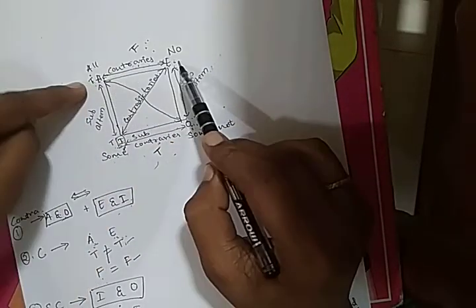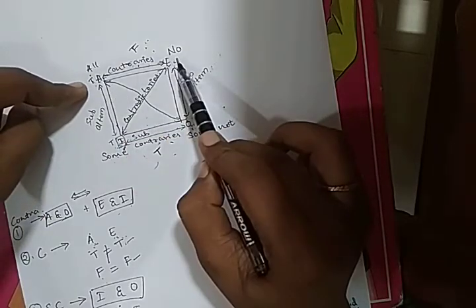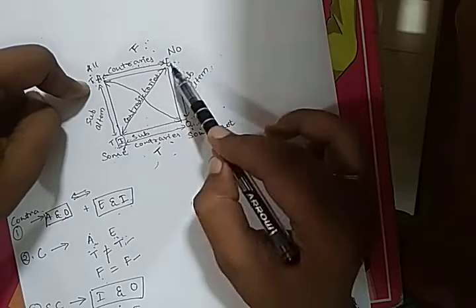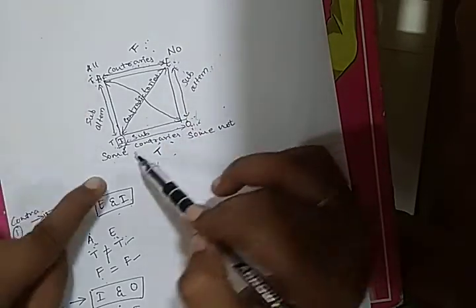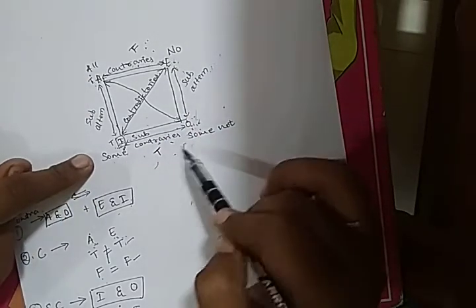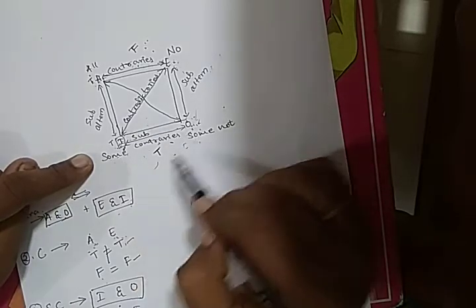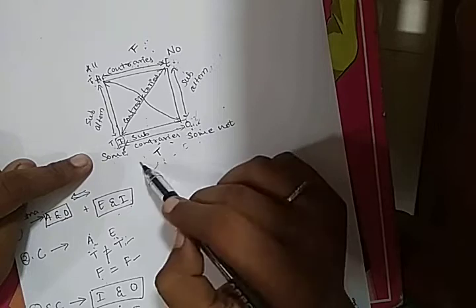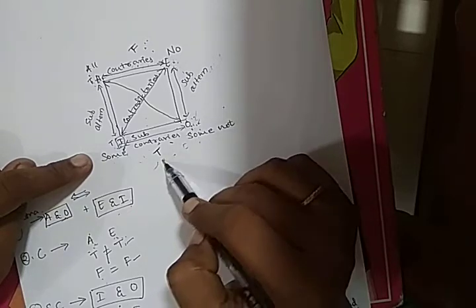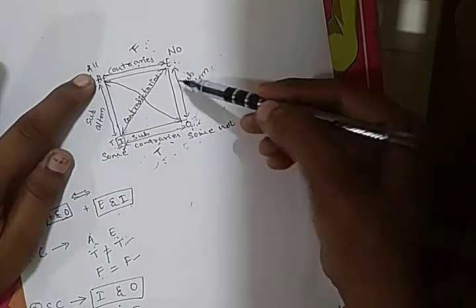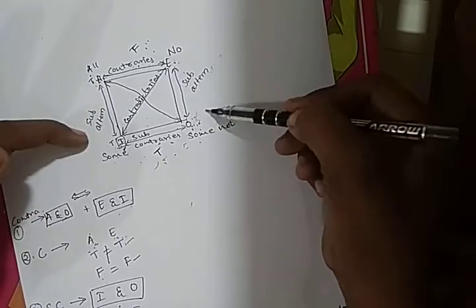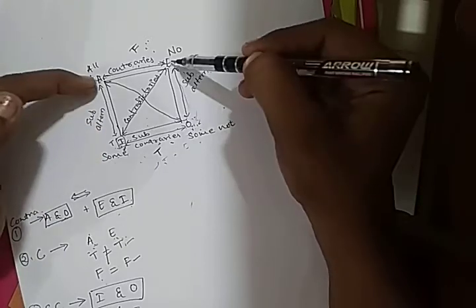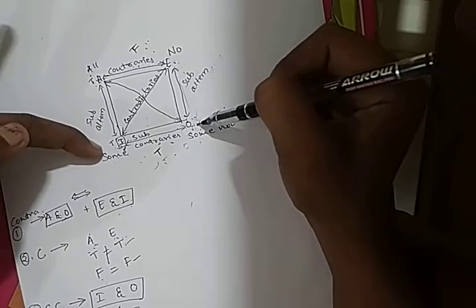Second one, contraries. Here, both these can be false together but can't be true together. While in the subcontraries, both these can be true together but can't be false together. And taking these subalterns, when this moves from upward to downwards, if these are true, these also will be true.